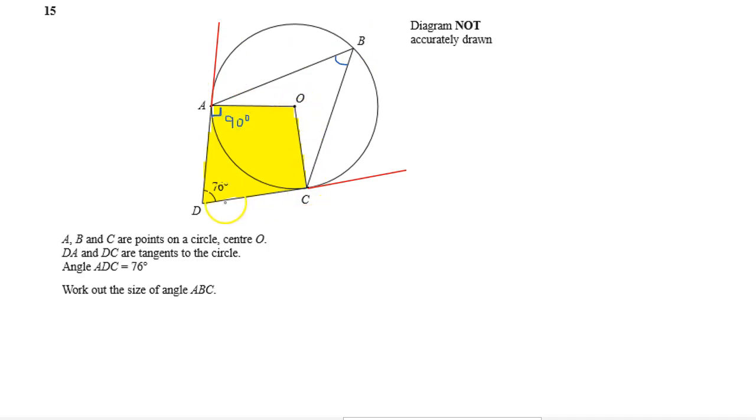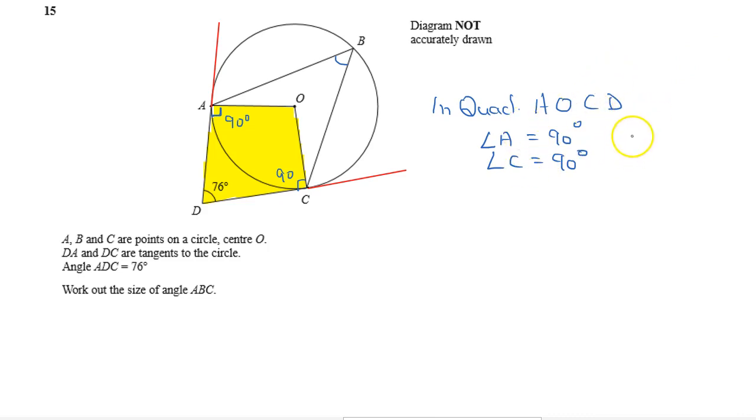Same, OC is a radius and DC is a tangent touching the circle at C. So this angle is also 90 degrees. So in quadrilateral AOCD, angle A is 90 degrees and angle C is 90 degrees.